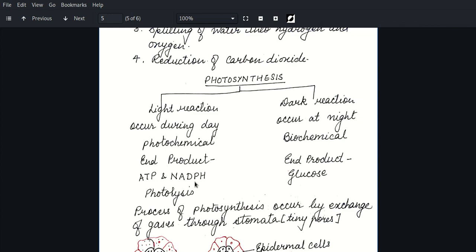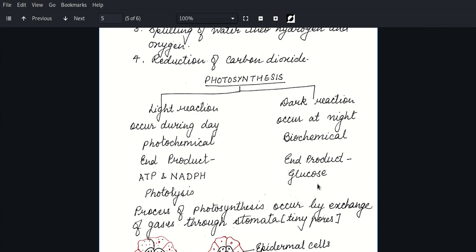So, during day, energy molecules are formed. They are NADPH and ATP. These energy molecules are the source of energy for dark reaction. Here, the end product in light reaction is energy molecules, but the end product in dark reaction is glucose or food.